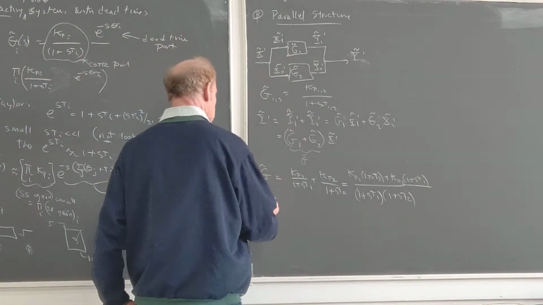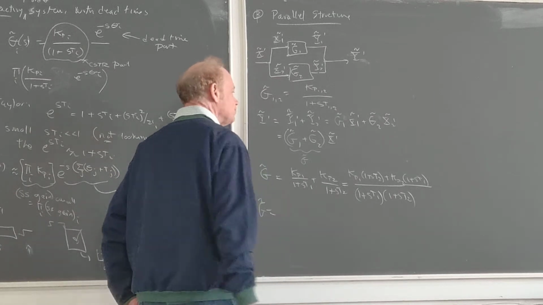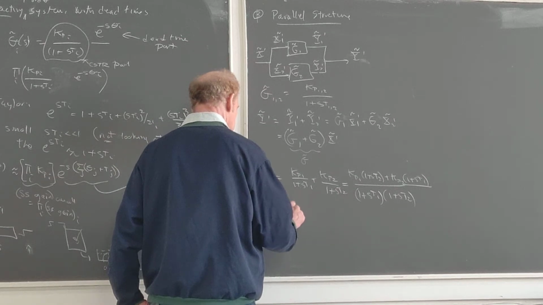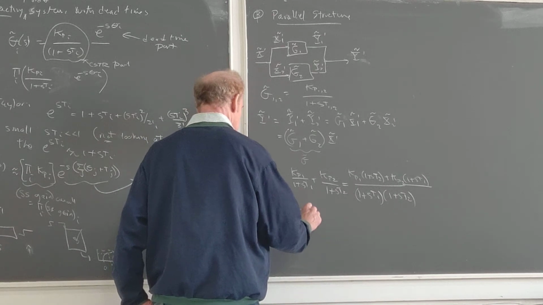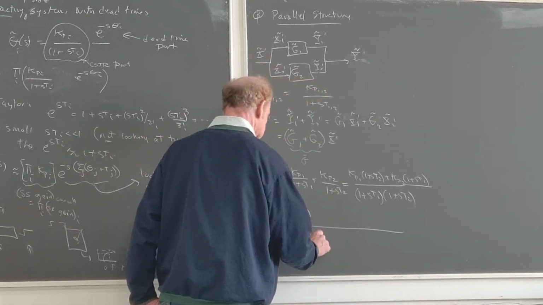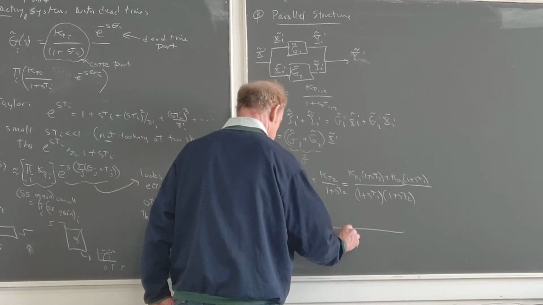So g tilde is equal to Kp1 plus Kp2, and let's rewrite the denominator, 1 plus s tau1, 1 plus s tau2.